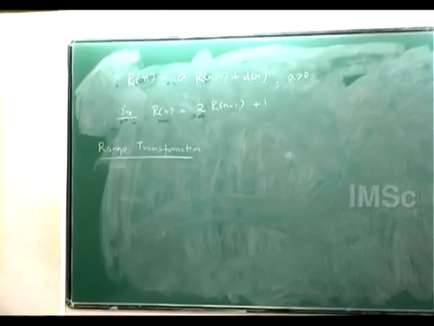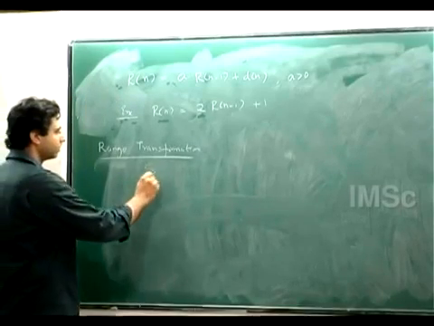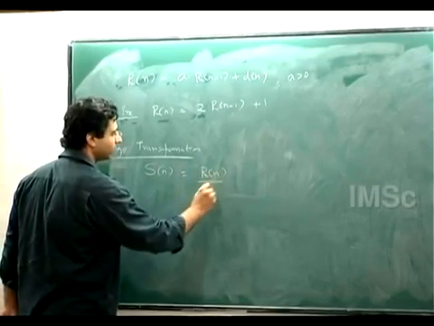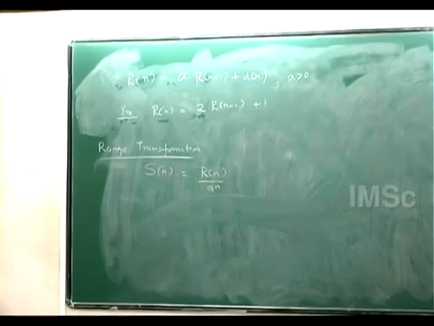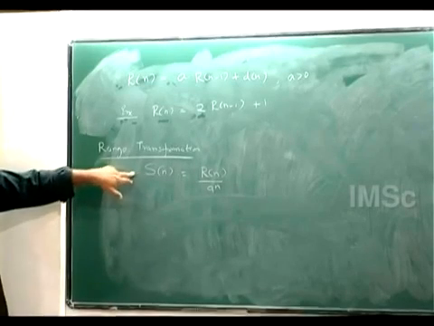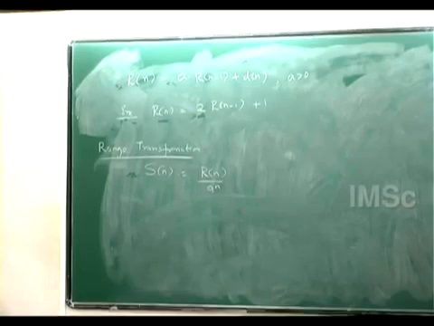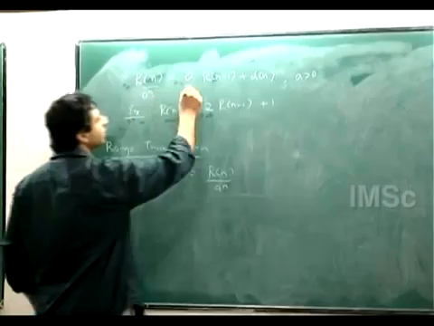So I'll define a new recurrence from this recurrence. I'll define my S of n as R of n divided by a raised to n. And now my claim is this function satisfies the fundamental recurrence. Why? What I have done is divide both sides by a raised to n.